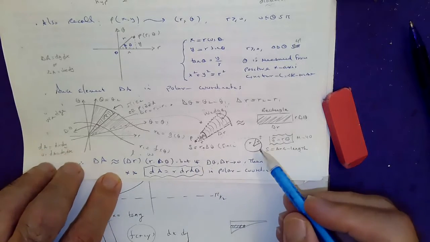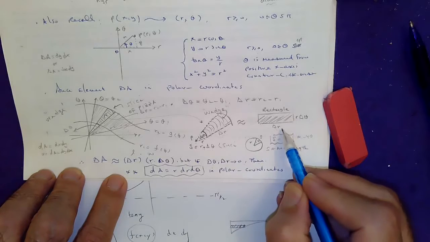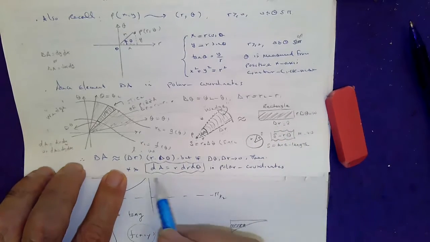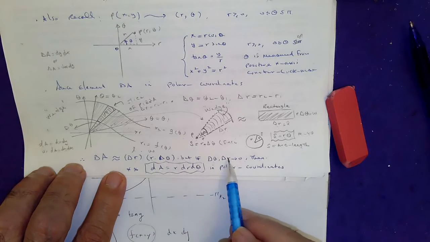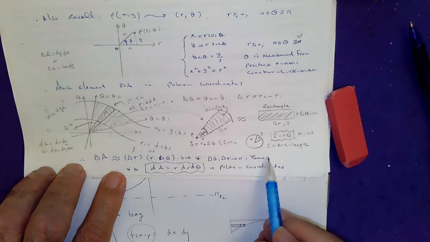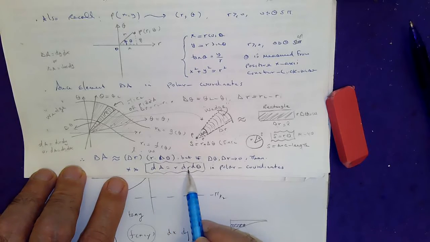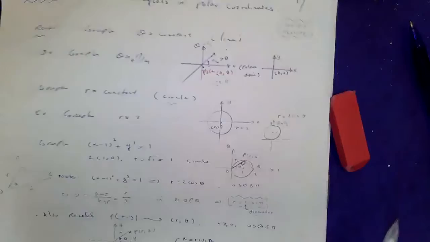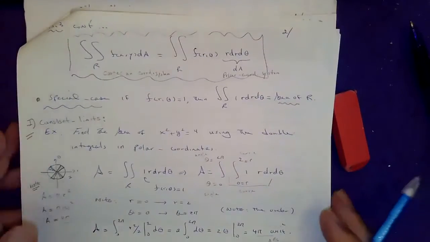So delta A, the area element, is length times width. So that would give you delta r times r delta theta. But if delta theta and delta r are small enough, then dA becomes r dr d theta. In other words, the bottom line, the moral of the story, is the following.